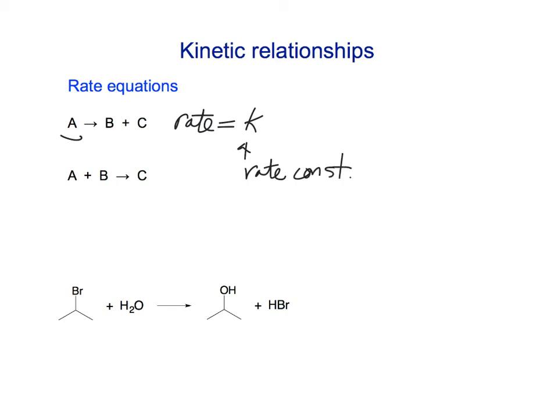And this is a constant for this reaction at a given temperature, pressure, concentration, that kind of thing, times the concentration of the reactant A. So a fast reaction will have a large k, a slow reaction will have a small k, but notice that the rate of the reaction is directly proportional to the concentration.